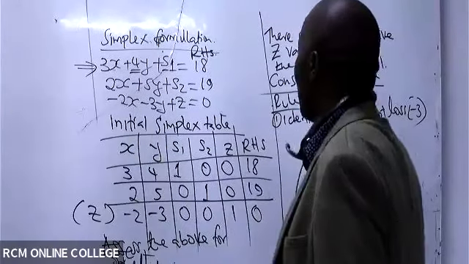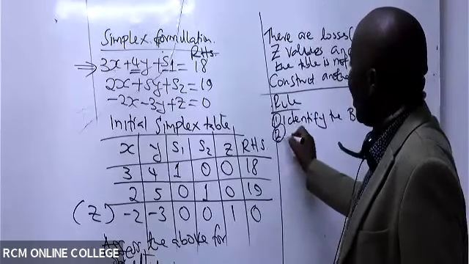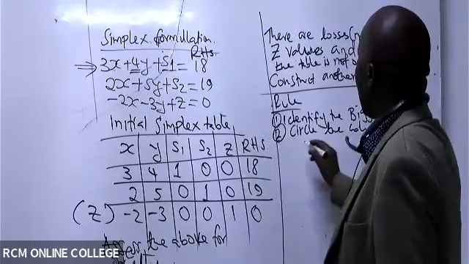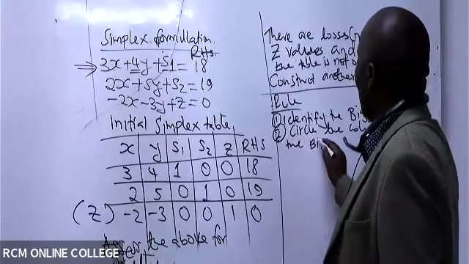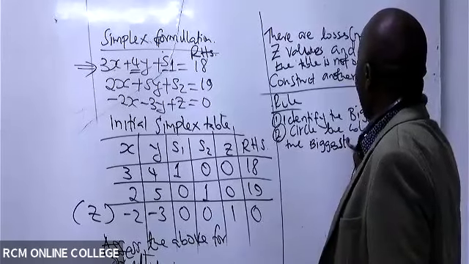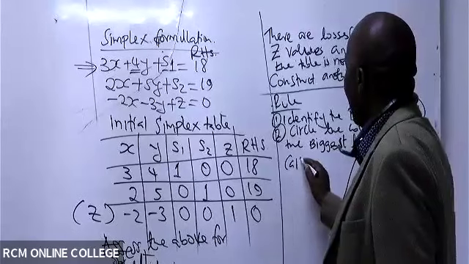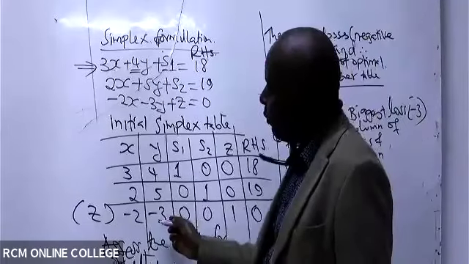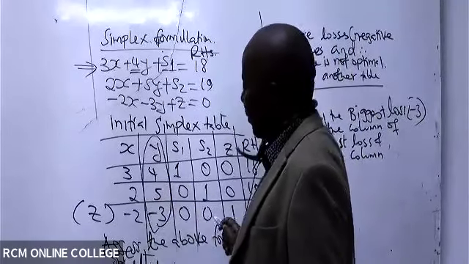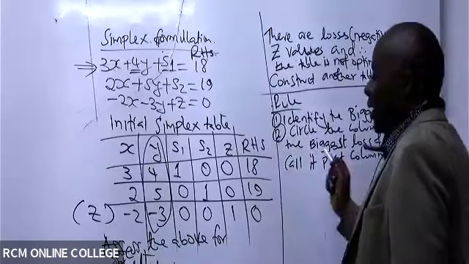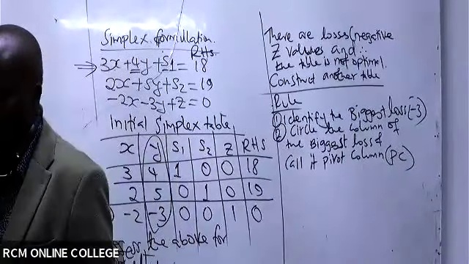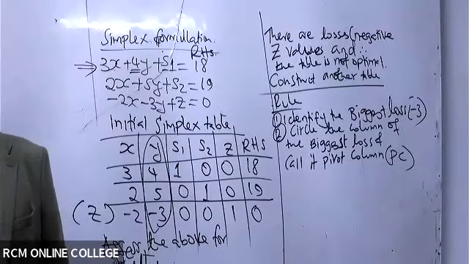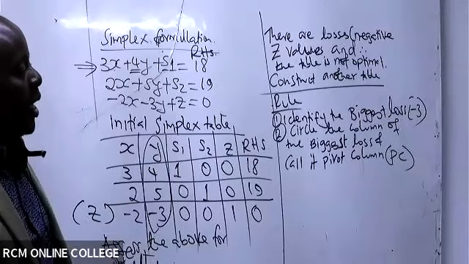After you identify the biggest loss, ladies and gentlemen, circle. Number 2, circle the column of the biggest loss and call it the pivot column, which we shall be abbreviating as PC.